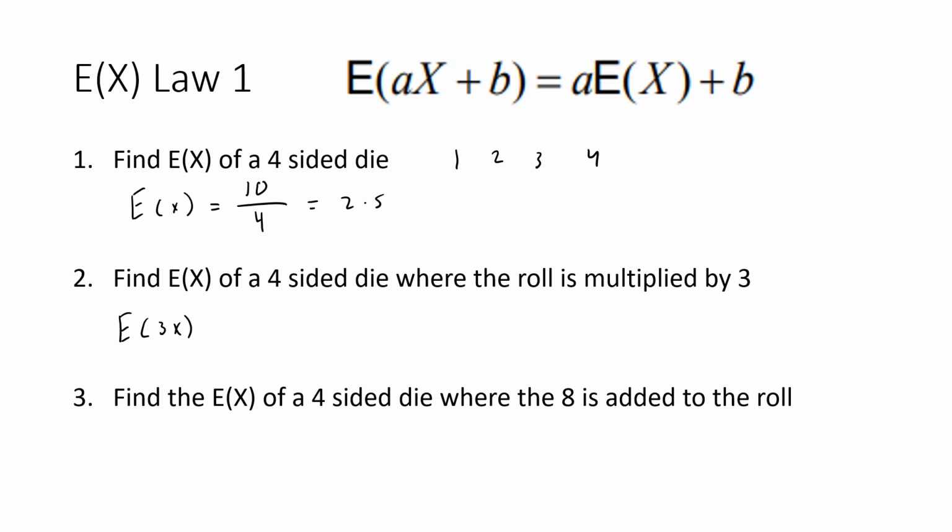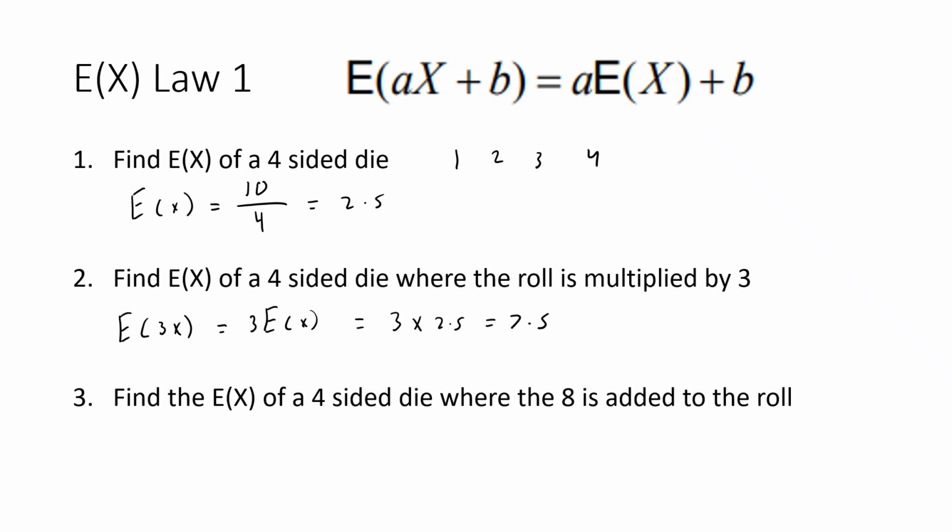And that's what we'll do here. We'll treat 3 as an a. So E of 3x is actually equal to 3 times E of x. And we know from the previous question, E of x is 2.5. That's 3 times 2.5, which is 7.5.